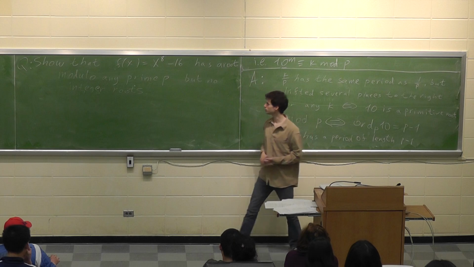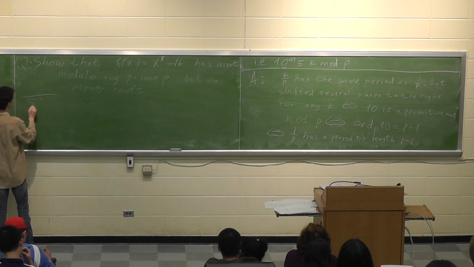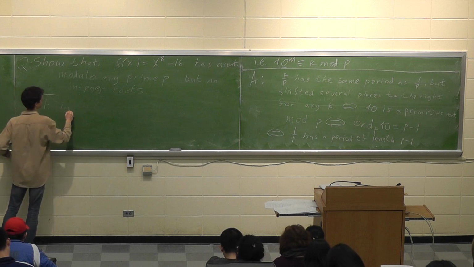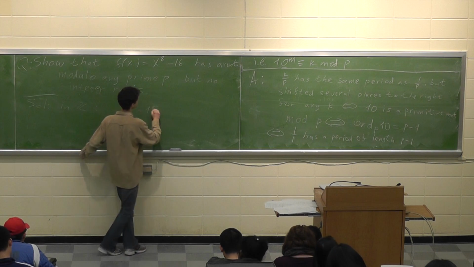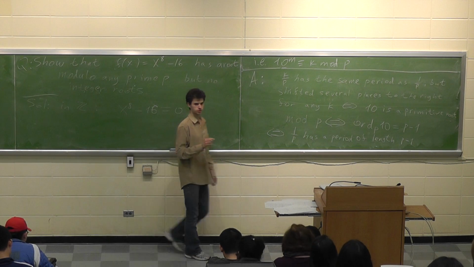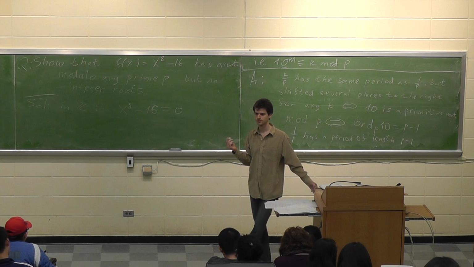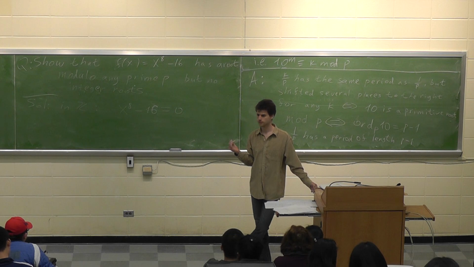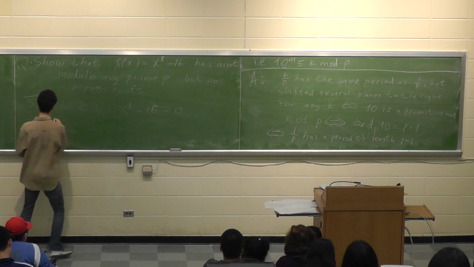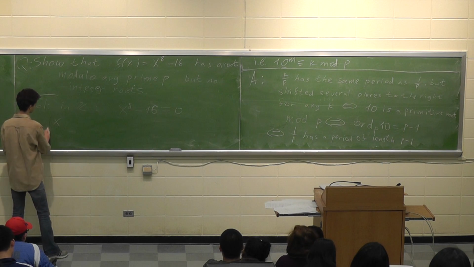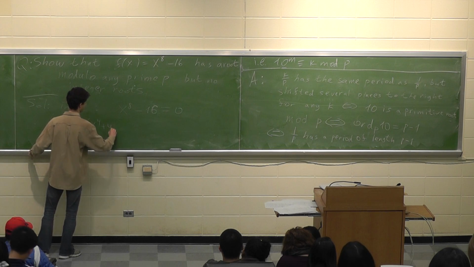So maybe let's start with the simpler part, why it has no integer solutions. If I try to solve x to the power 8 minus 16 equal to 0, how do we show that it has no integer solutions? Factor. Okay, so what is the factorization? x to the 4 minus 4 times x to the 4 plus 4.